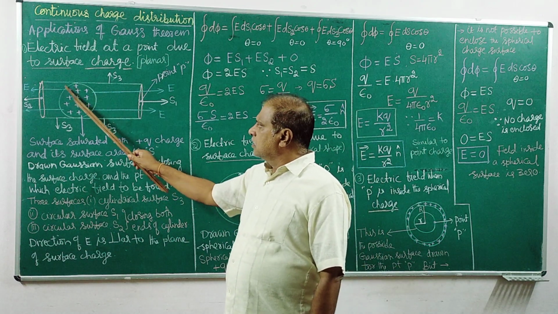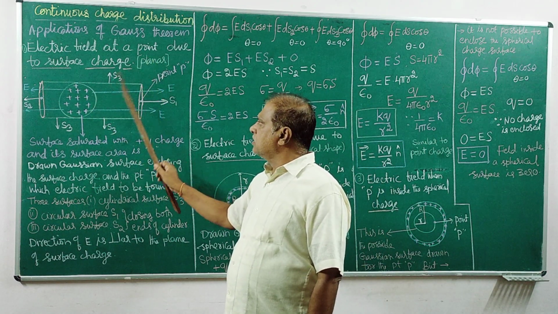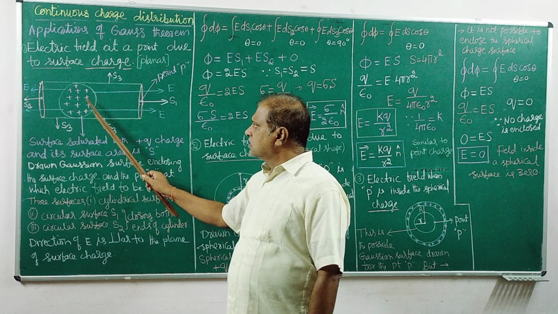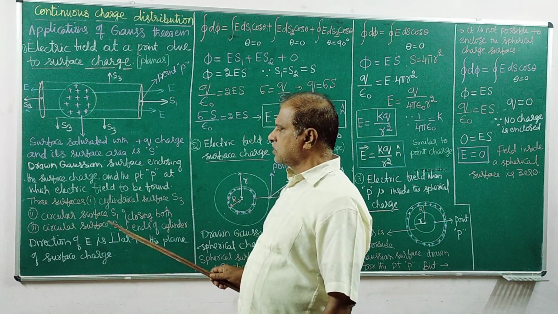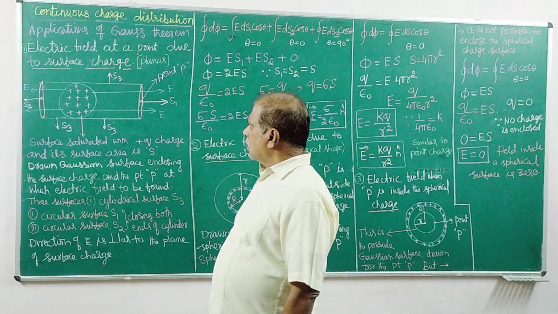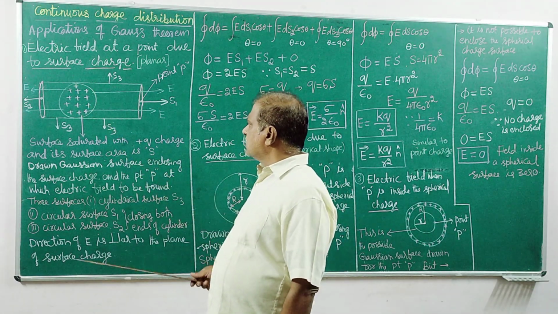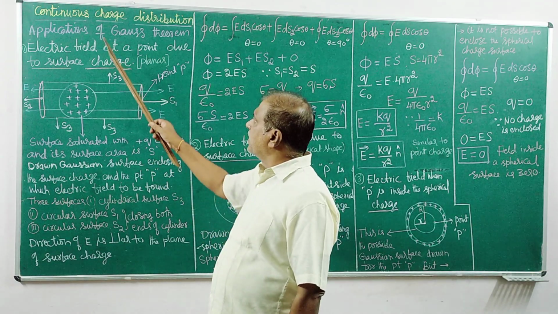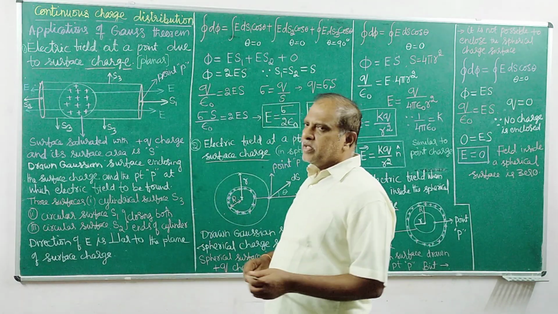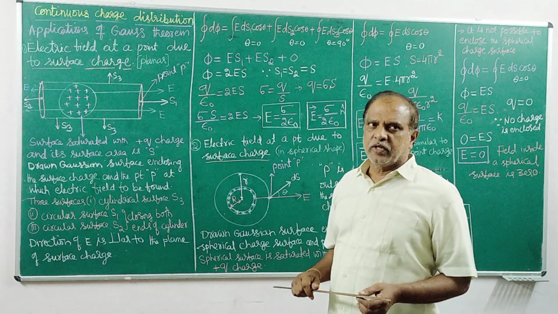I have taken a circular shape, the plane containing a circular shape. All this surface is saturated by the charges, plus Q charges. If the plane surface is a continuous charge distribution, what would be the direction of the electric field?